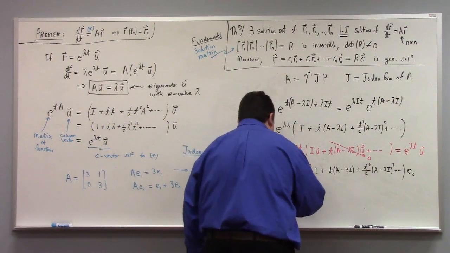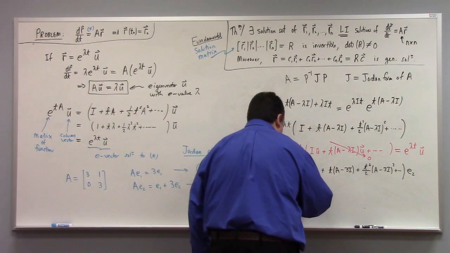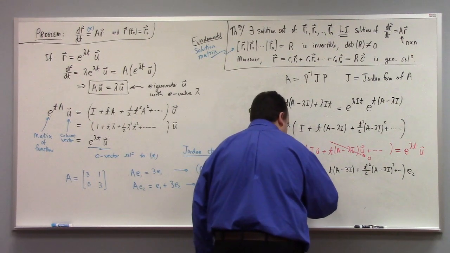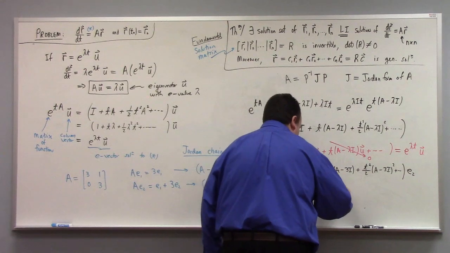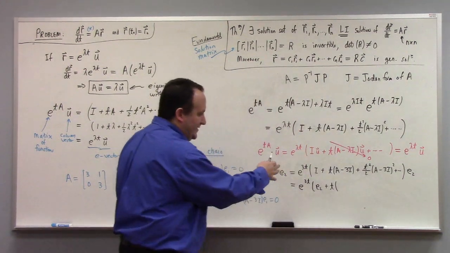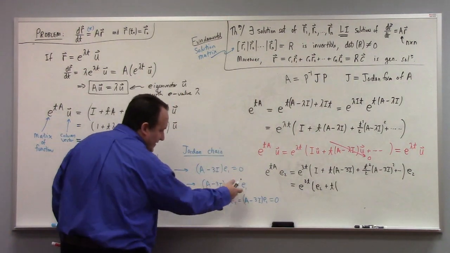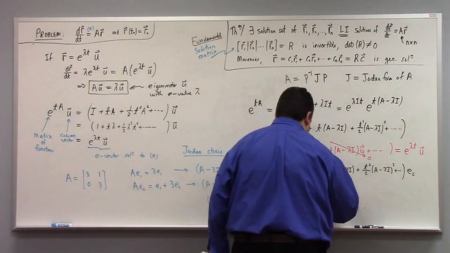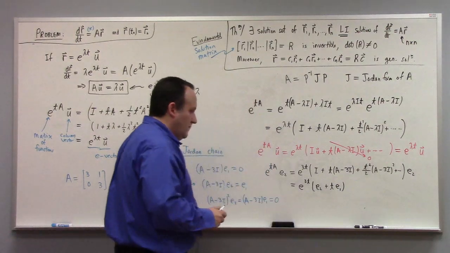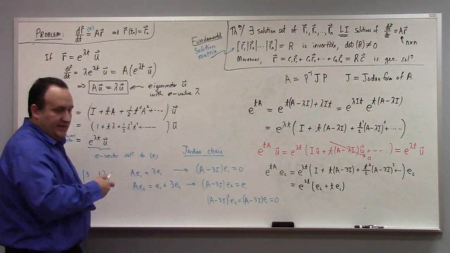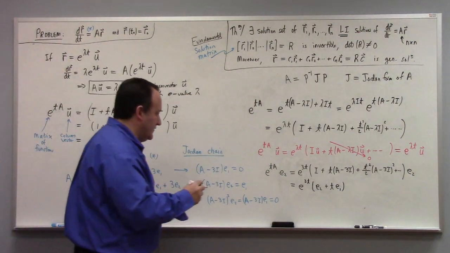I'm not telling you quite enough for you to completely grasp it. You need to work homework on these to really get it. But you get e2 plus t times what? What's (A minus 3I) times e2? Remember, it's e1. And there you go. That's one of the solutions here.